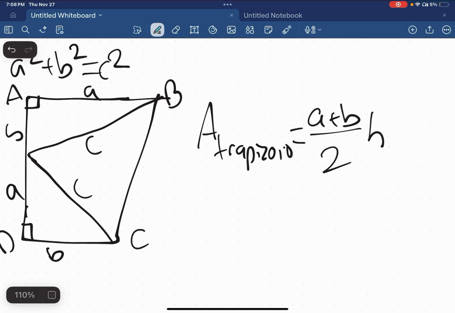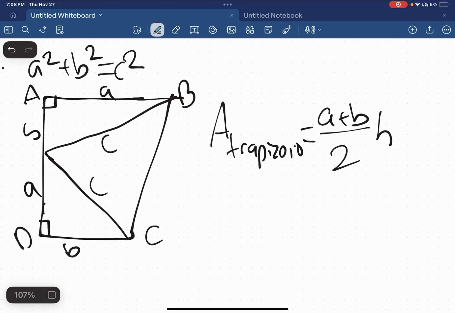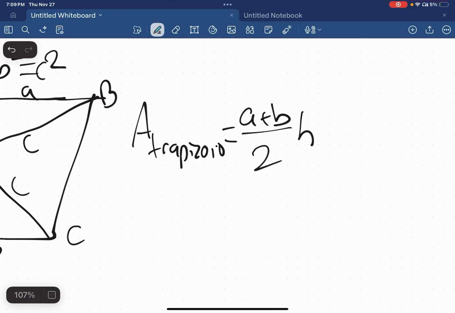And in this case, our height is actually a plus b, literally. So that means this is going to be equal to a plus b divided by 2 times a plus b.